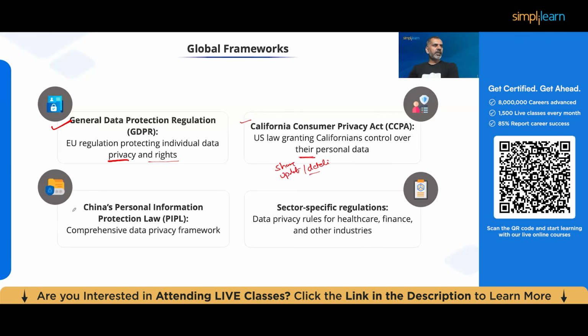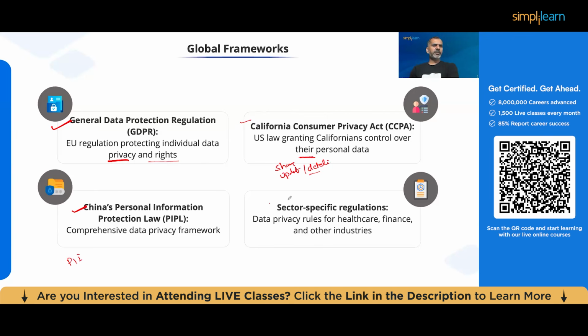Then the third one is China's Personal Information Protection Law, PIPL. It is a comprehensive data privacy framework, and it is again talking about PII information. So you now understand data privacy is a very big concern in the digital world, and nobody is ready to share his personal information without his proper consent, guys.